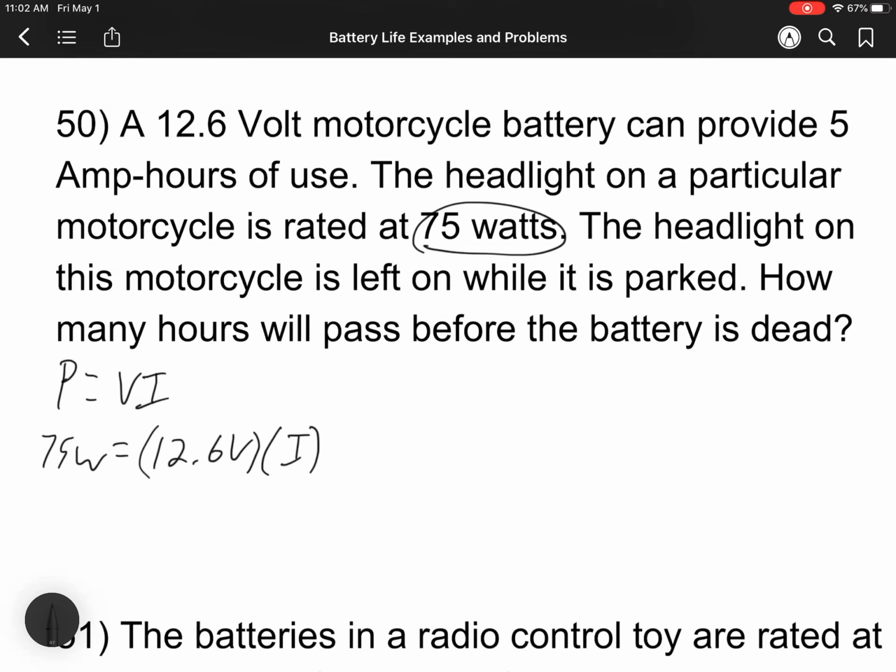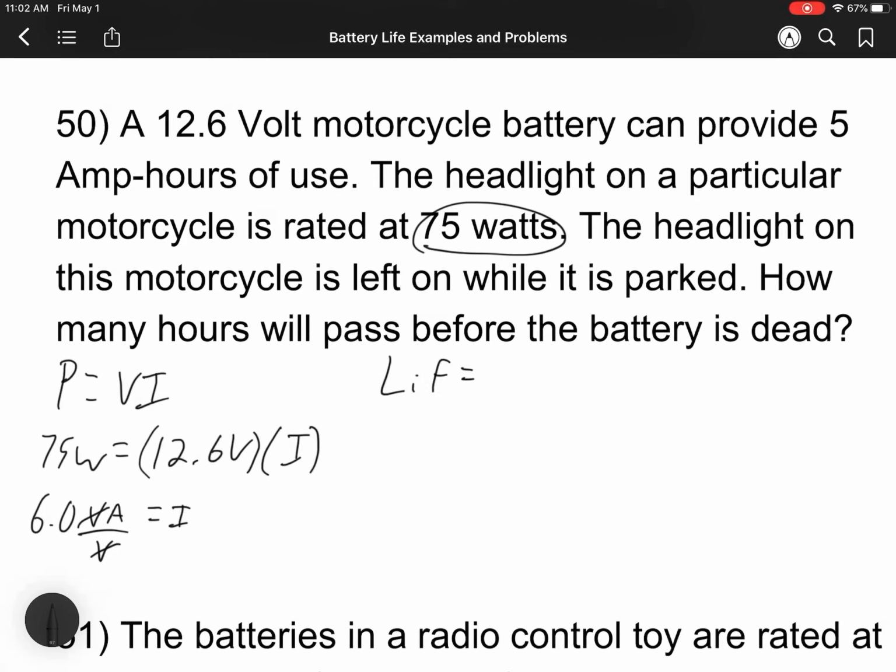Well, we divide both sides by 12.6, and we get 6.0 volt amps divided by volts, or in other words, amps. So 6 amps for your current. Now it asks how many hours will pass before the battery is dead if they leave that on.